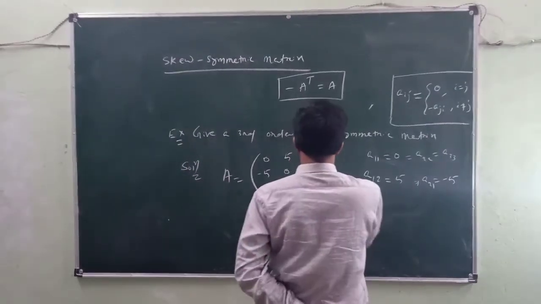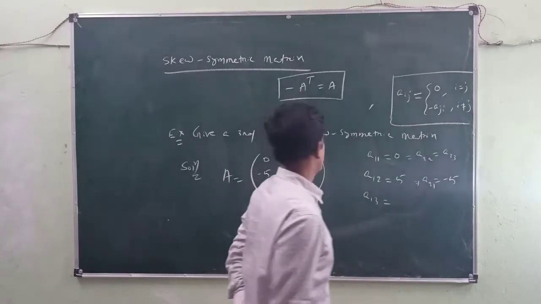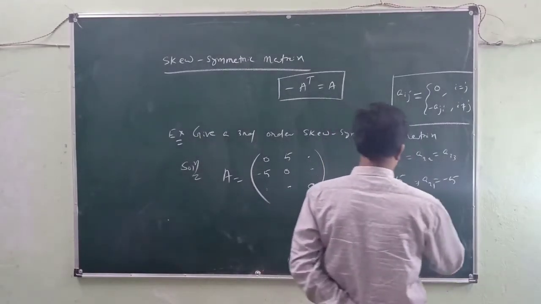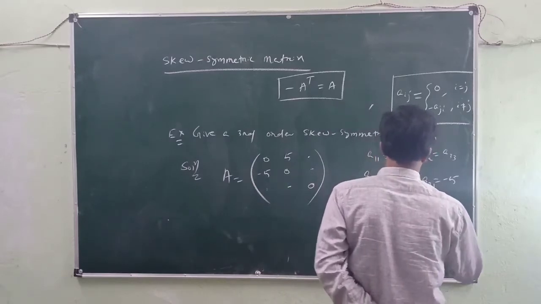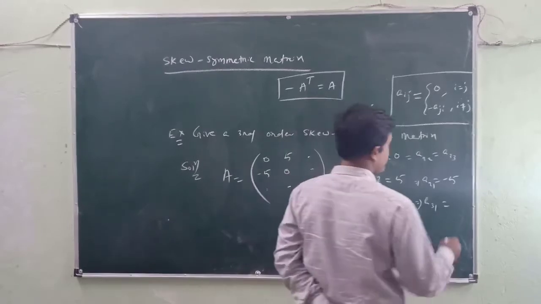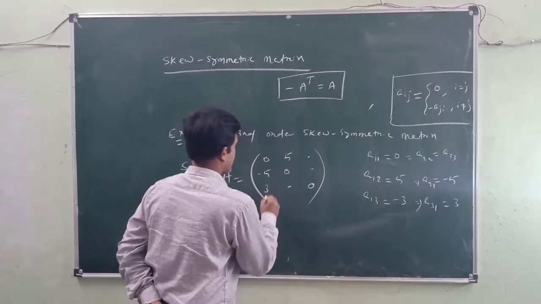Then in the A13 place, suppose I write minus 3. So that gives you the value of A31; you multiply by the negative sign, so it will be 3. In the 31 position you write 3.